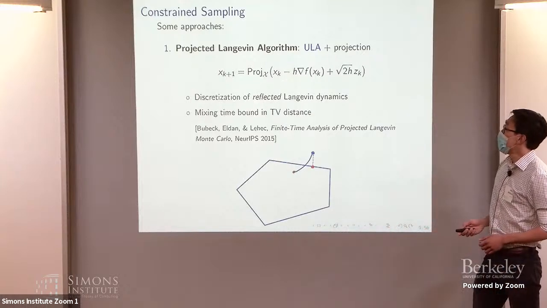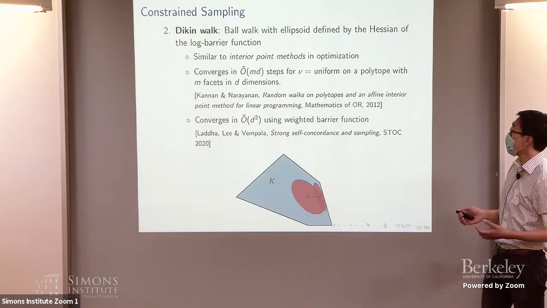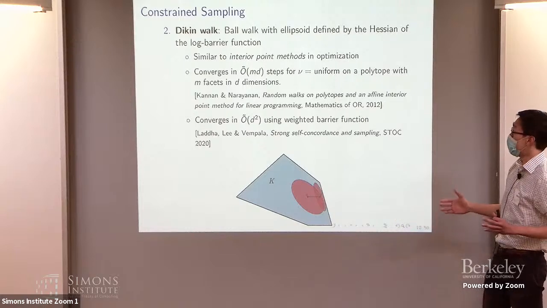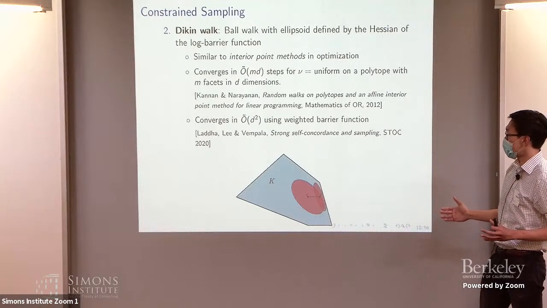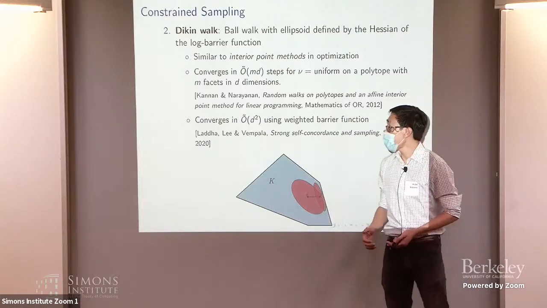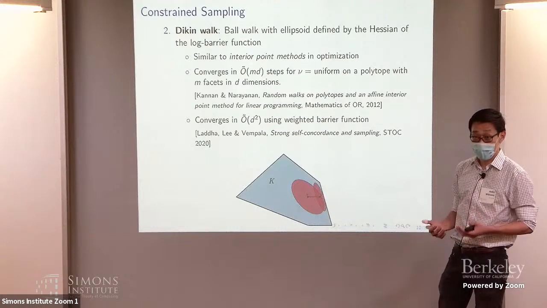One algorithm is called the Dikin walk, and this is a modification of the ball walk where we draw samples from what's called the Dikin ellipsoid defined by the Hessian of the log barrier function. So this is a similar idea to interior point methods in optimization. And this has nice analysis using the self-concordance barrier property.